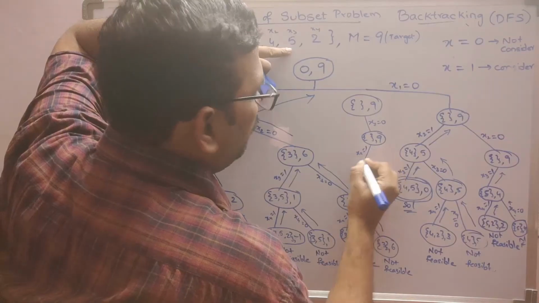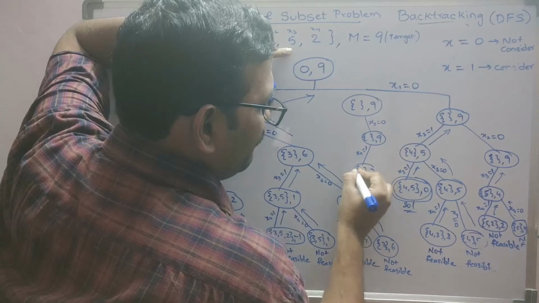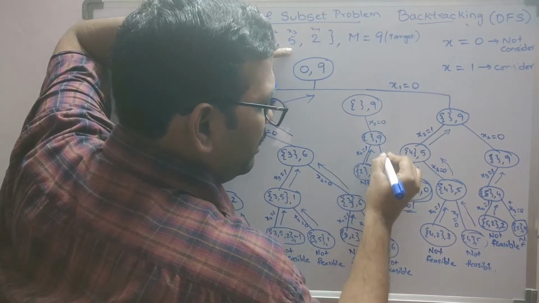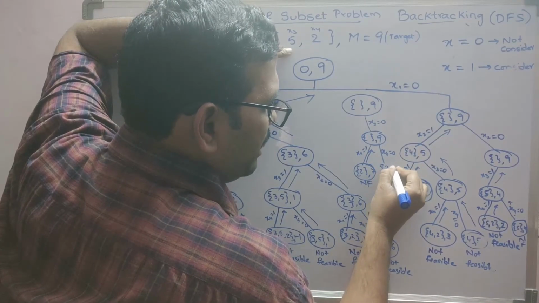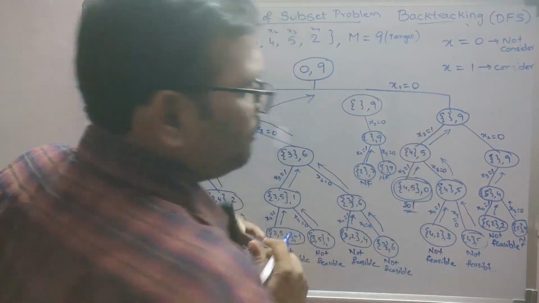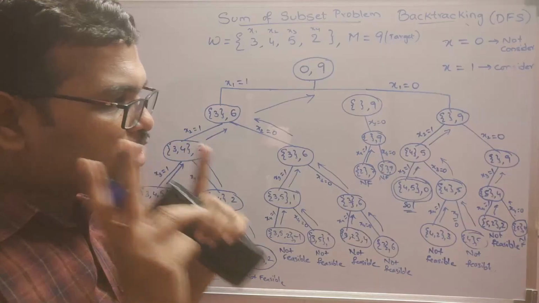So x4 is equal to 1, so it becomes 2 comma 7. It's not feasible. Backtrack, again x4 is equal to 0, it will be blank, and 9, which is not feasible. So we are having only two possible solutions.